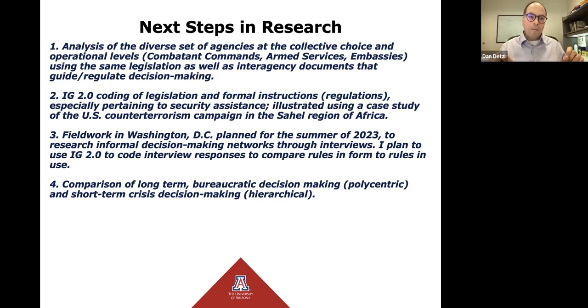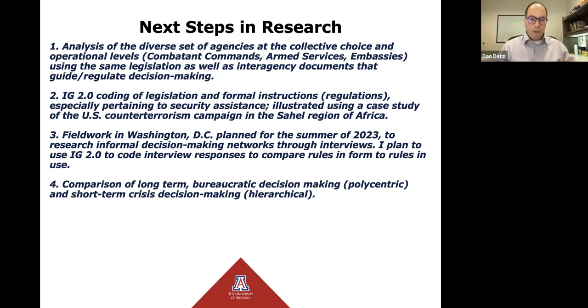It's different networks and different action situations, ad hoc, that pop up to address certain problems that are not brought up to the highest level, which results in maybe disparate objectives, or strategies really. But also comparing them to the crisis hierarchical ones. So whenever there's a crisis, let's say a terrorist attack on a U.S. embassy somewhere, there's going to be a crisis decision-making process.